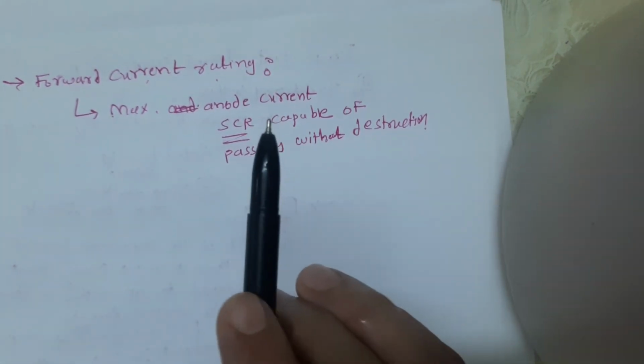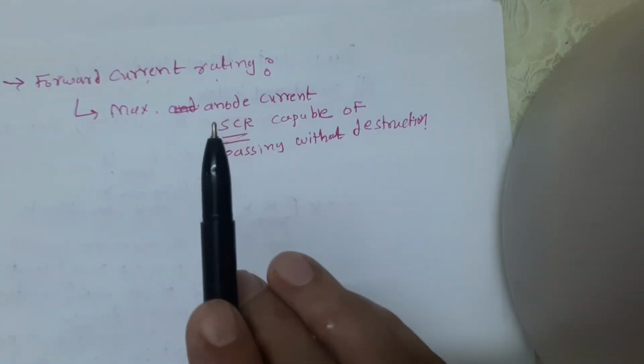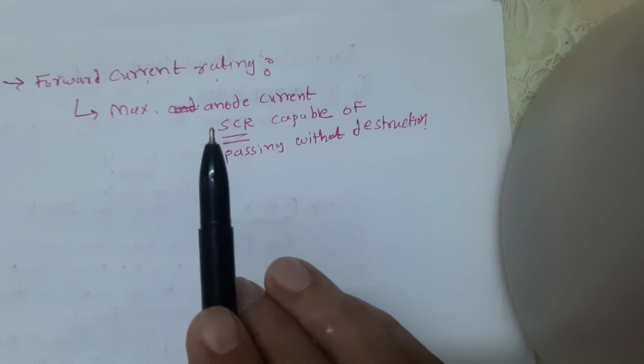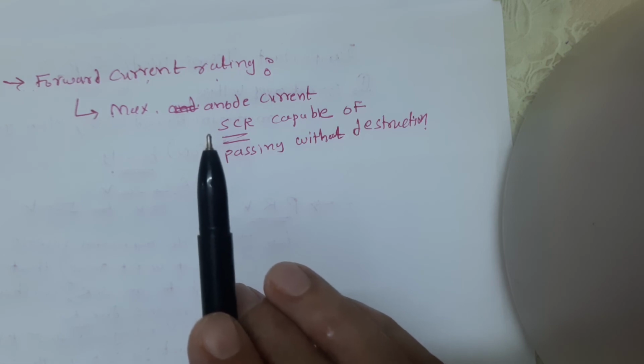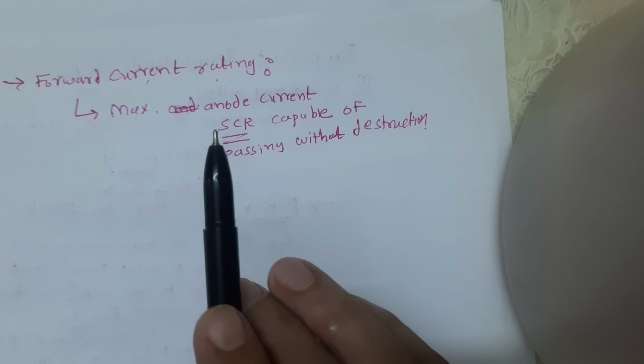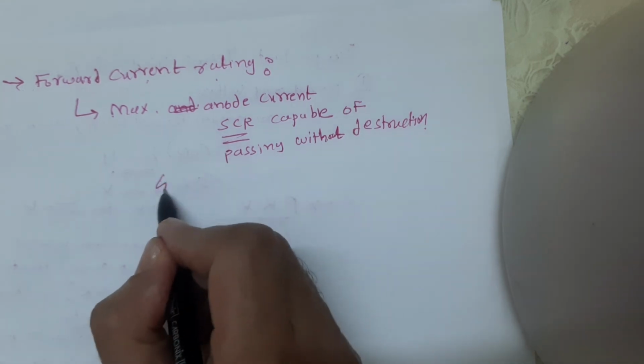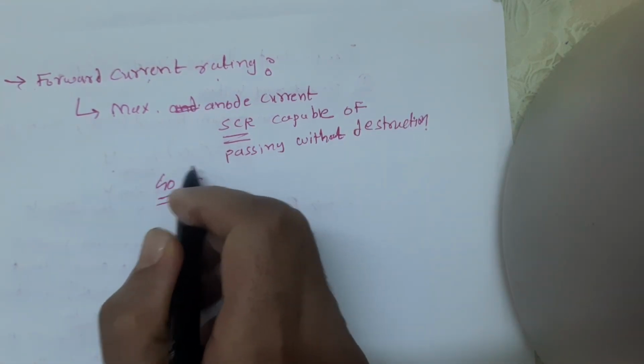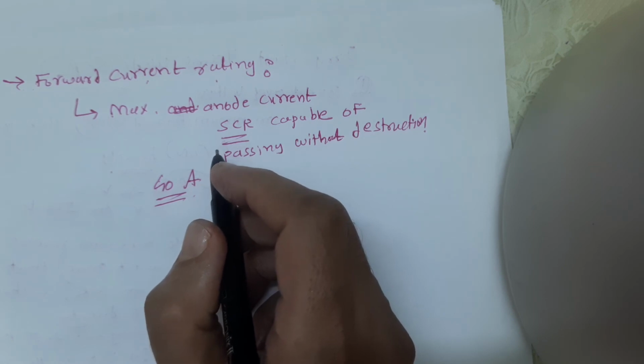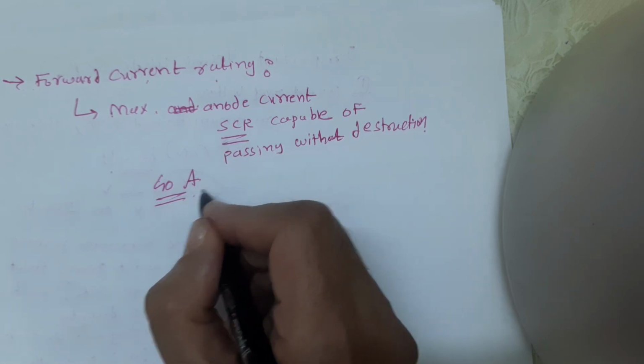For example, every SCR has a safe value of forward current rating which it can conduct. If the value of current exceeds this value, the SCR may be destroyed due to the intensive heating at the junctions. For example, if an SCR has a forward current rating of 40 ampere, it means that the SCR can safely carry only 40 ampere.